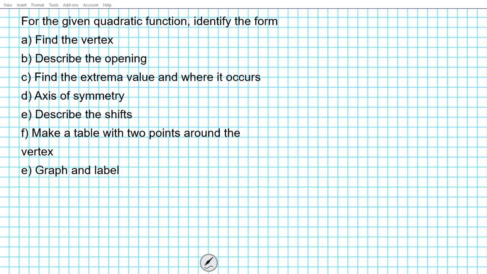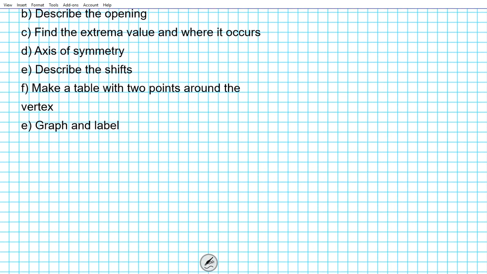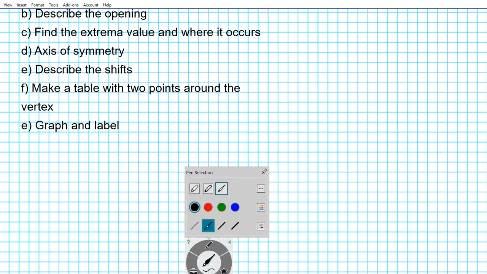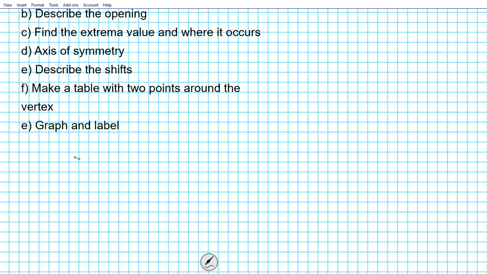Okay, so let's take a look at question number 1. Let's say we have the following function, y equals -2 times the quantity x minus 3 squared plus 5. What form of a quadratic is this?